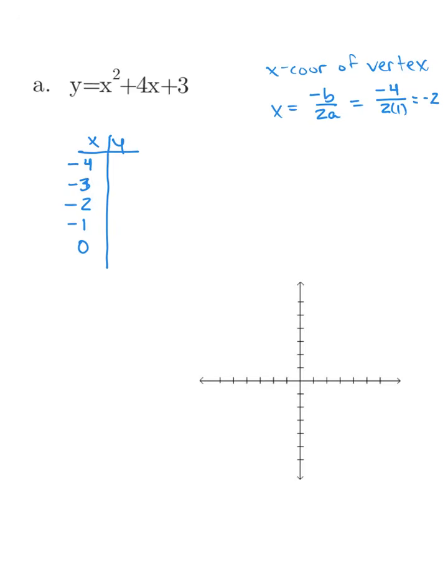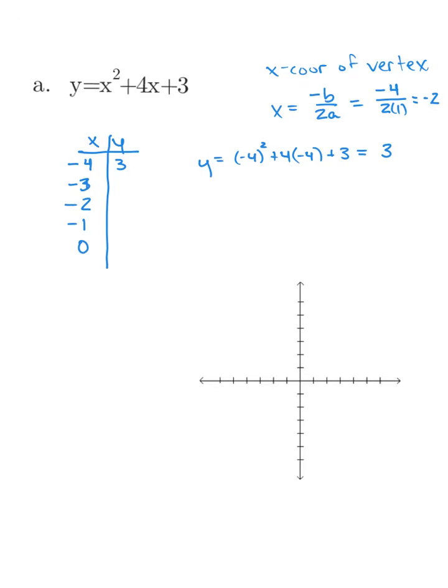If we plug in negative 4, I get y equals negative 4 squared plus 4 times negative 4 plus 3. Using order of operations and or your calculator, you should be able to simplify that down to 3.